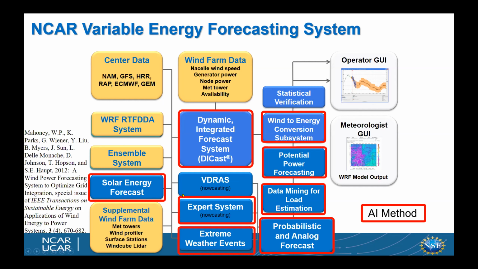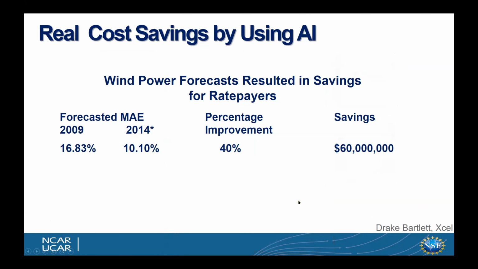Expert systems for nowcasting have been tested, developing AI systems for extreme weather events, doing solar energy forecasts, predicting potential power, data mining for estimating their load. We've done that as well. And wind to energy conversions. They care about the power, not just the wind speed. They also want a probabilistic forecast, and we use an AI method for that I'll talk about.